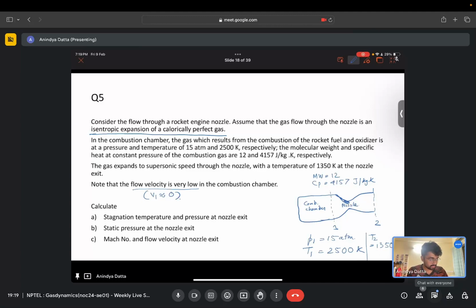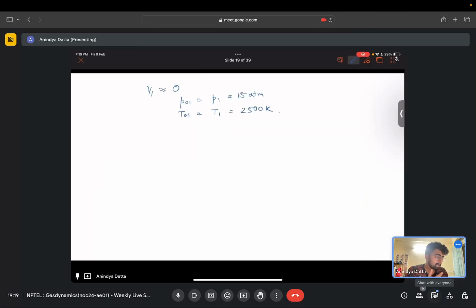Is this clear why, at the nozzle inlet, my stagnation temperature and stagnation pressure are equal to the static values? Till this point is clear, I hope.